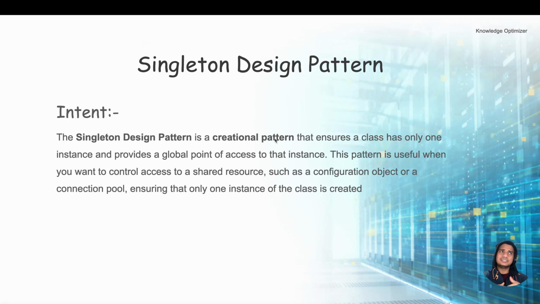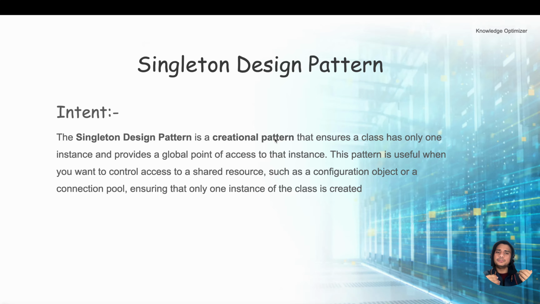So why is this useful? It is useful in cases when you want to limit or control the access to shared resources. Consider the case where you have written code to upload something to S3. There is a configuration file you have maintained where you are creating a connection to S3.